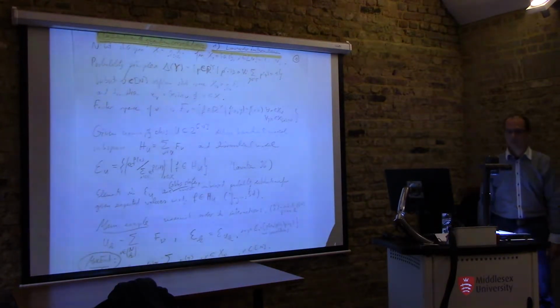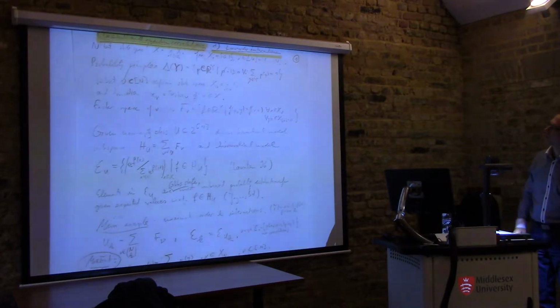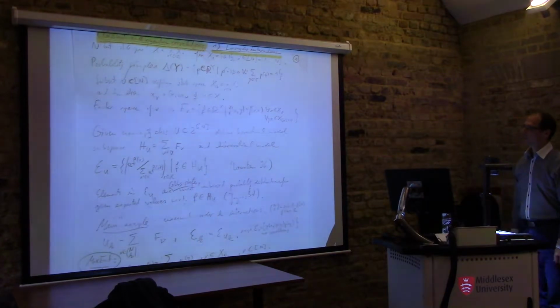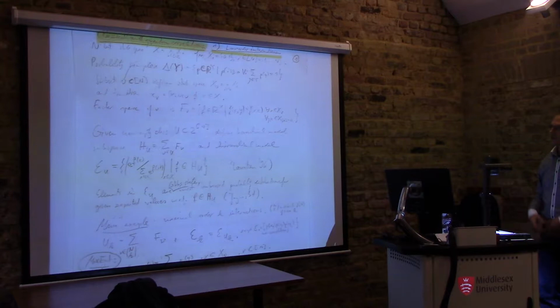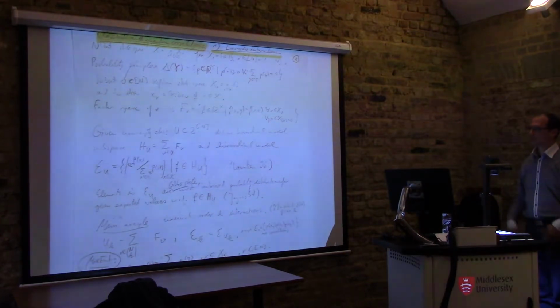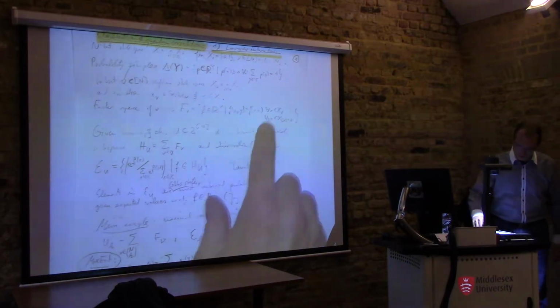So x is the same, but y and z are different. For every y and z, we get the same value. So the function f does not distinguish points.